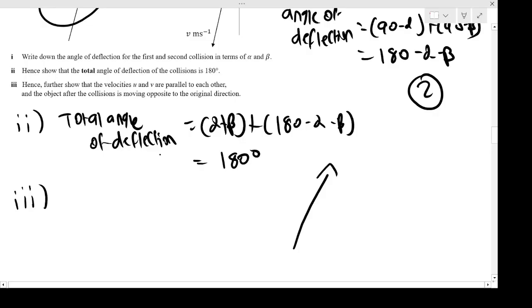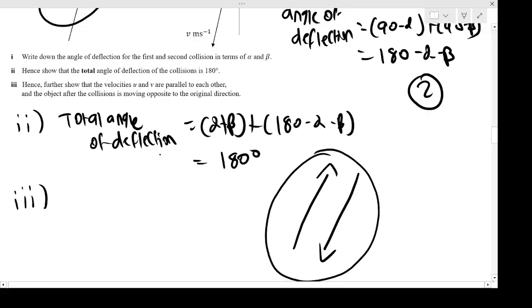Now if I am turning by 180 degrees, I'm going to be on the same line but backwards like that. That's a 180 degree turn. I've sort of flipped direction. And so that is what this means. I've turned by 180 degrees overall across the collisions. Therefore, that results in the direction being parallel and opposite.